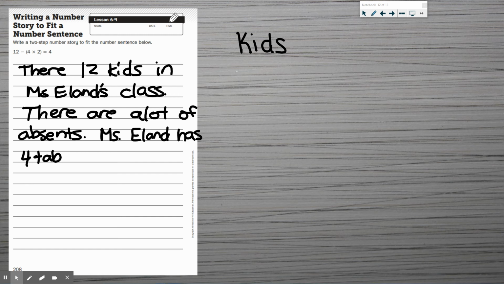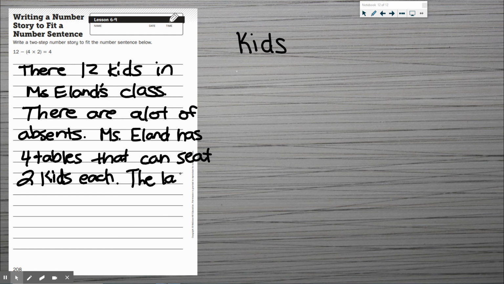Miss Eland has 4 tables that can seat 2 kids each. The last table will have all the absent kids.